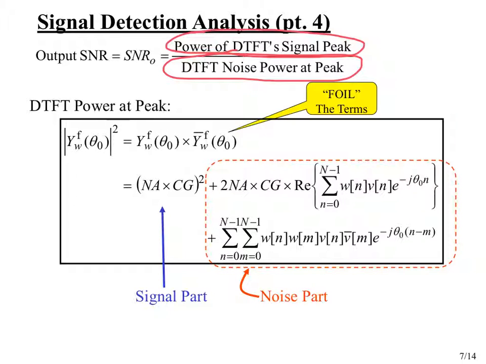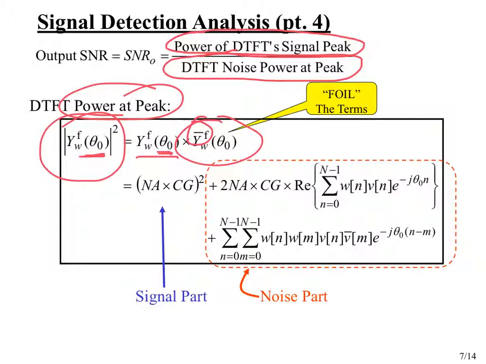So we're going to evaluate this thing at theta 0, and to get the power, we're going to take the magnitude squared. So magnitude squared is the thing at theta 0 times its conjugate. Now, Peratt uses a bar for the conjugate symbol rather than using a star. So don't get freaked out over that, just different notation.